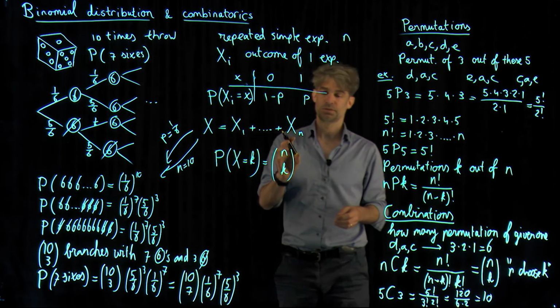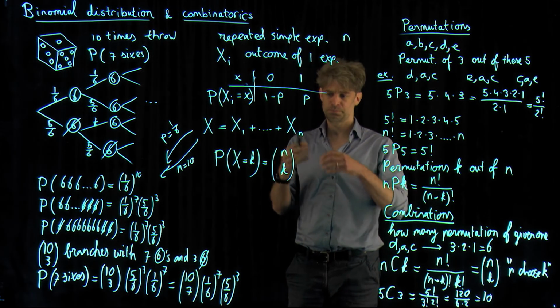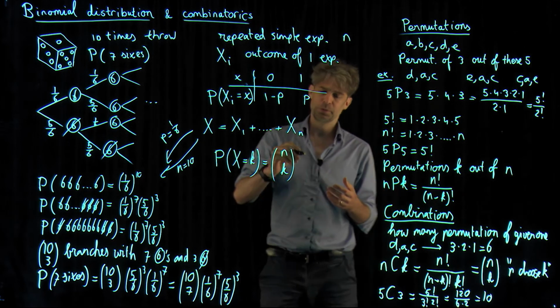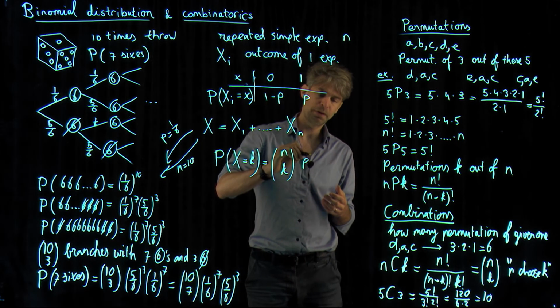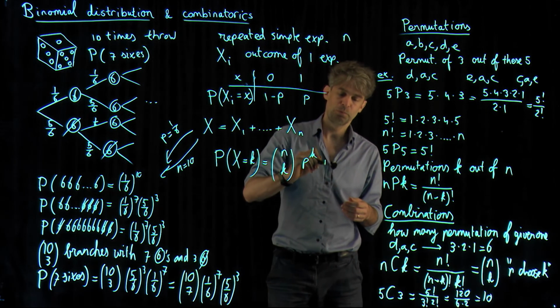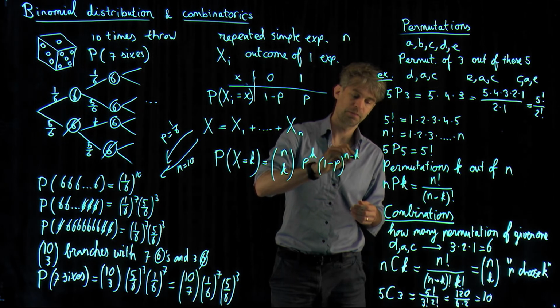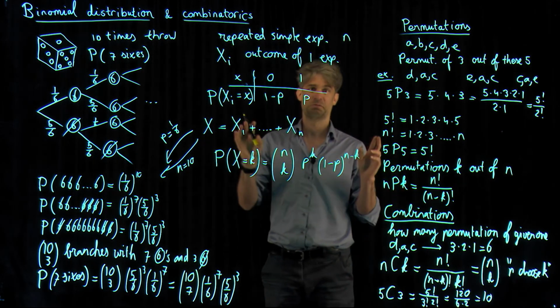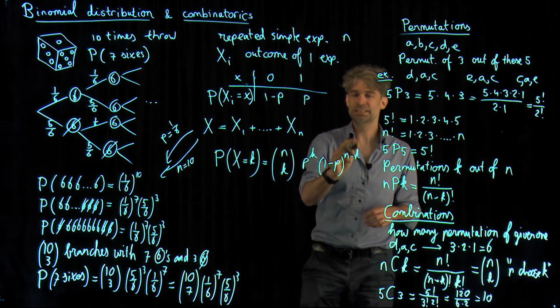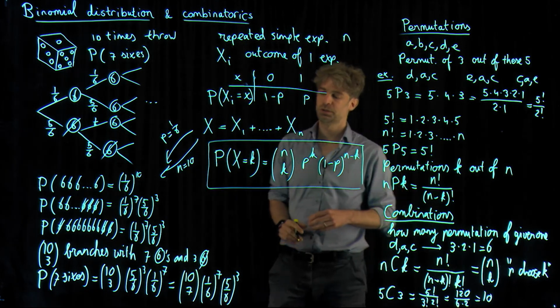That's n choose k. And the probability along all these branches will be the same. It will be p to the power k for k successes, and 1 minus p to the power n minus k for n minus k failures. And this is the general formula for the binomial distribution.